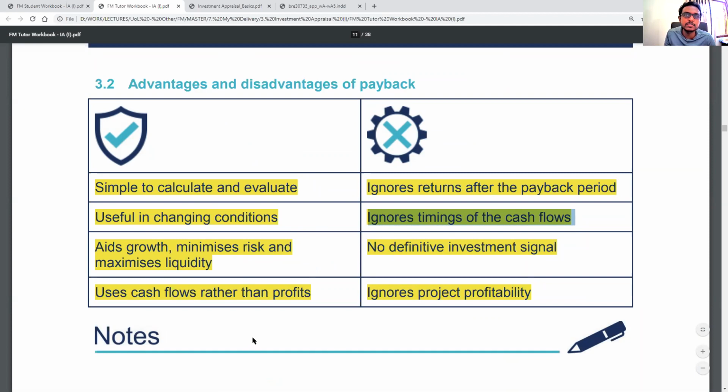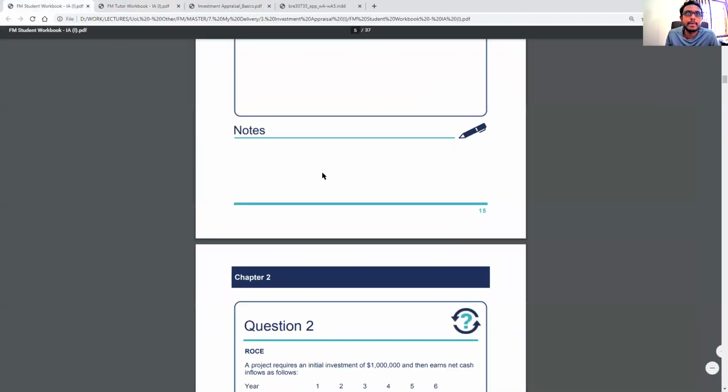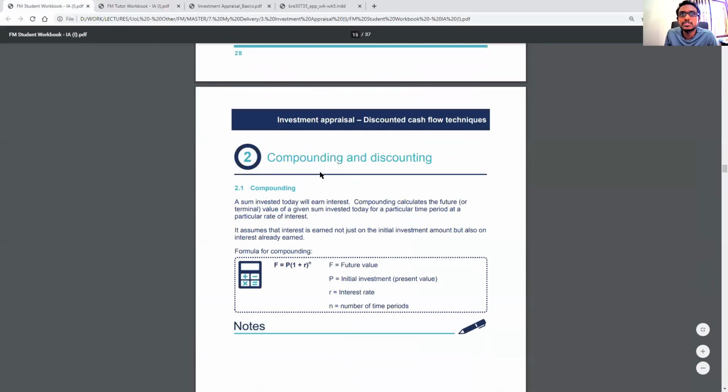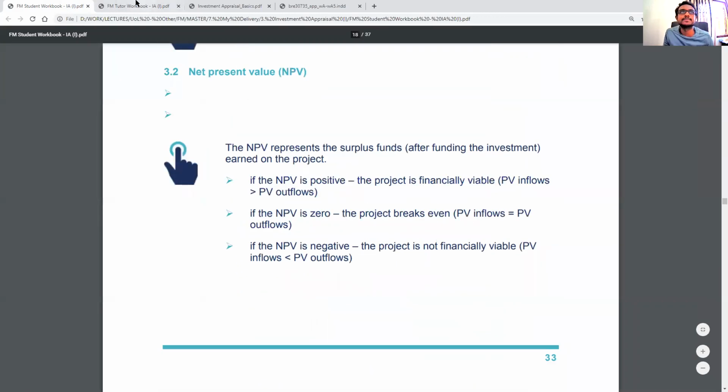And DPB is almost always or always longer than PB. Right? Discounted payback is always longer than payback. On that note, I think we can move to the next approach, which is net present value.